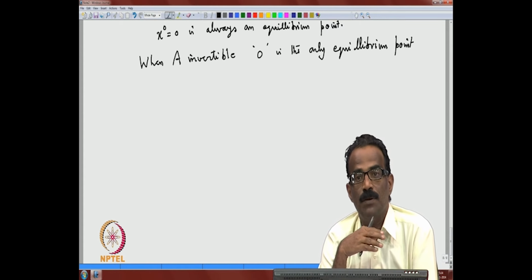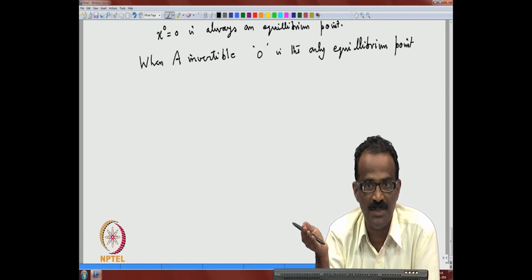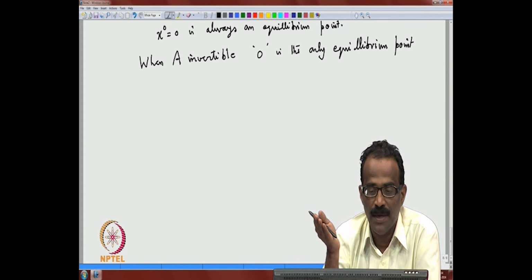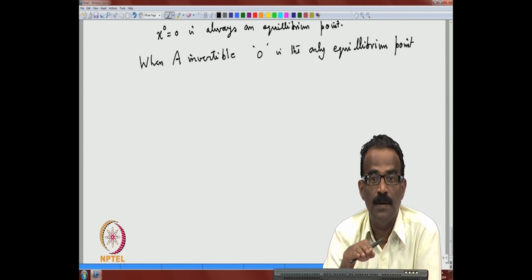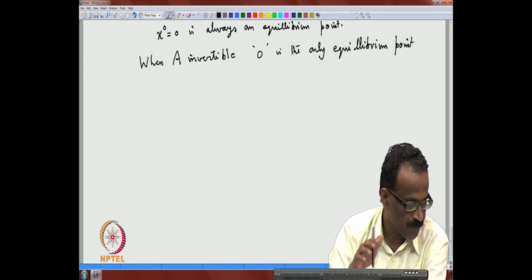Certain components will go to the origin, certain components will have stability, certain components will not have stability, and all that can happen. And that is what we are going to see in the qualitative analysis.